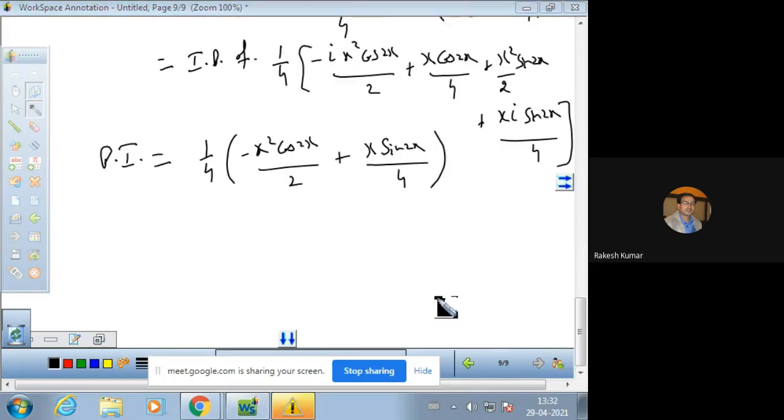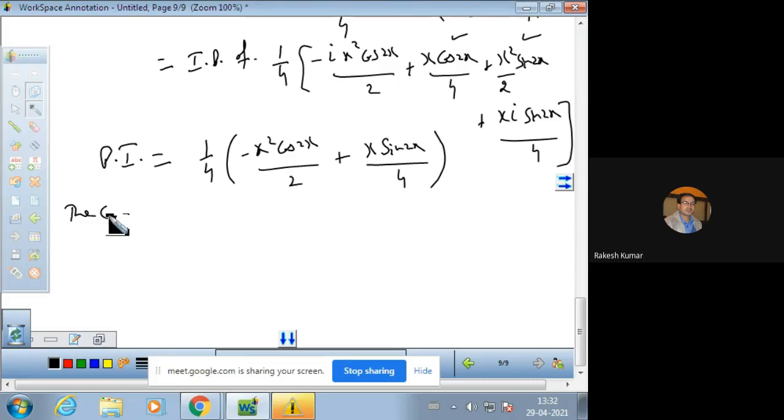So real part of, and you will have to take the real values here without iota term. So this will be without iota and this will be without iota. So keep this change in mind. Imaginary part means coefficient of iota, real part means without iota term.